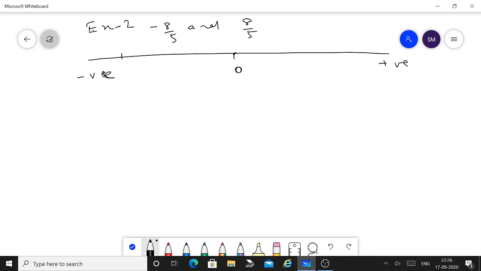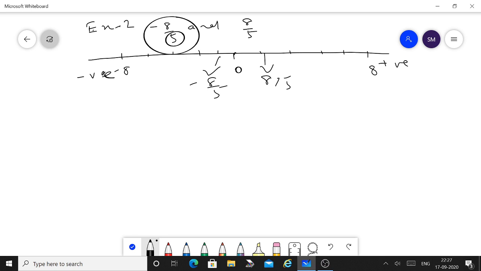Then mark here -8 and here +8. Then what is in the denominator? 5. Then divide 0 to -8 into 5 equal parts. Then this is -8 upon 5 and this is +8 upon 5.